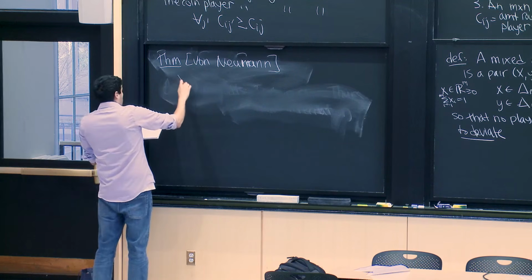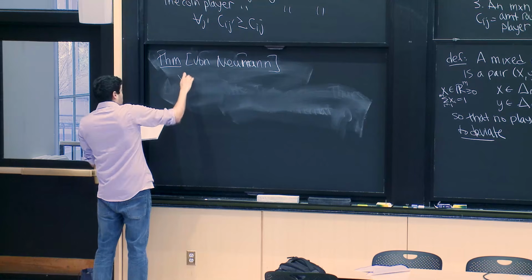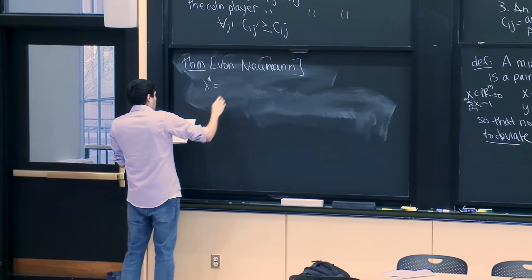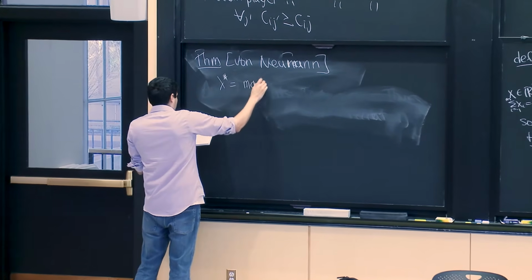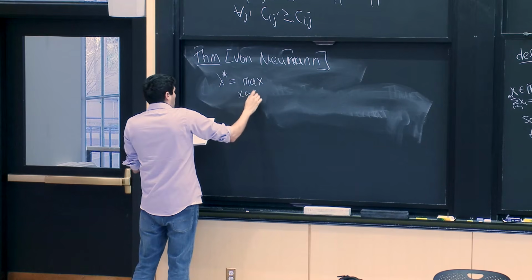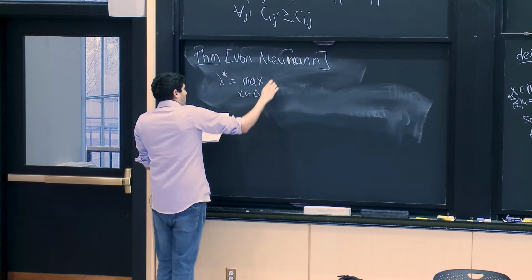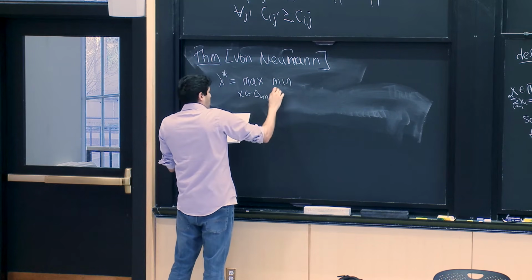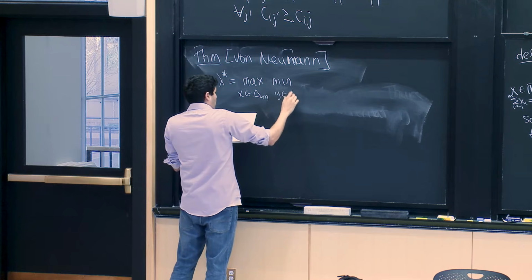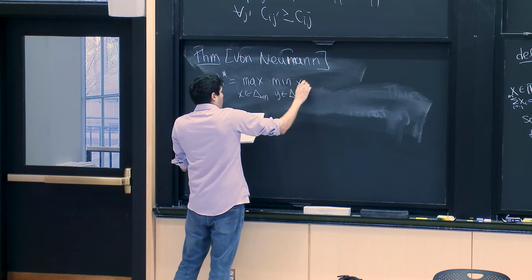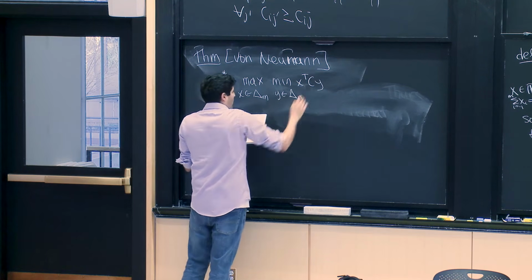Let me just write it down as a mathematical statement. There's some value lambda star, which is equal to the max over all x belonging to delta m of the min over all y belonging to delta n of x transpose c y.